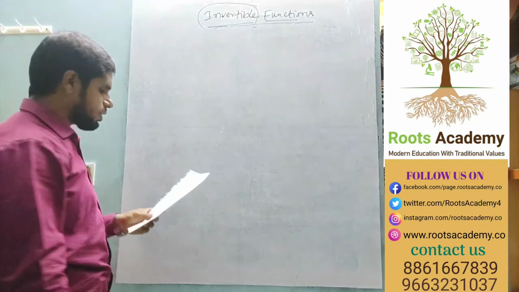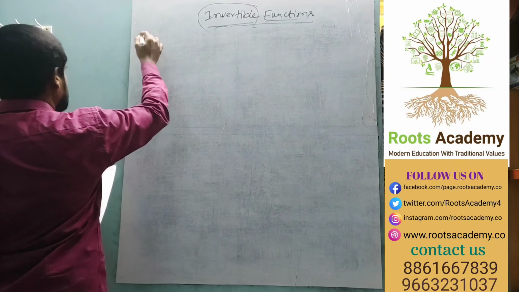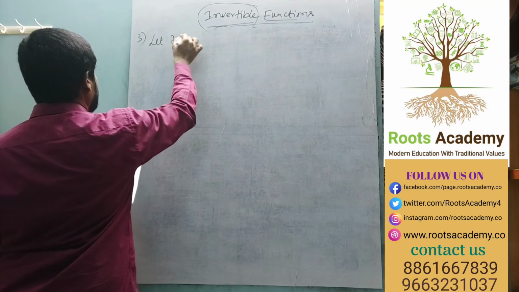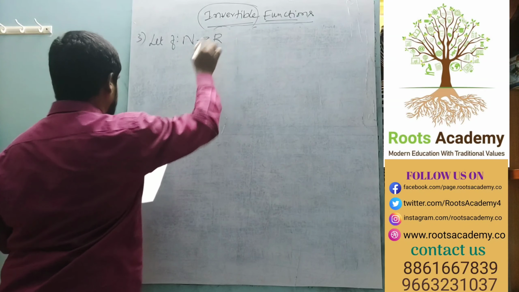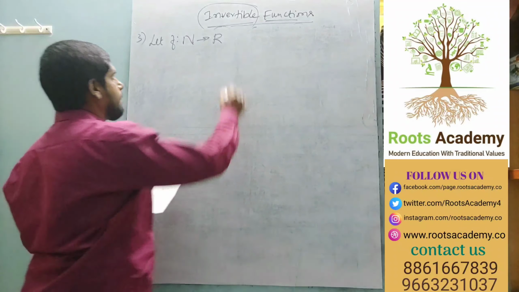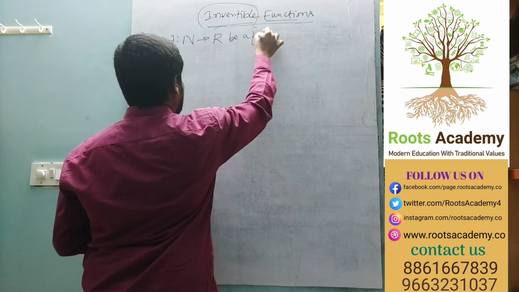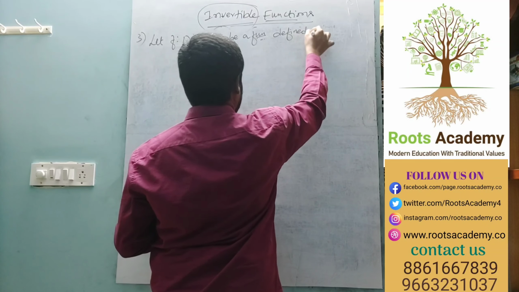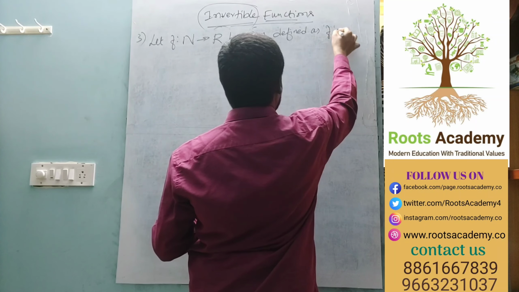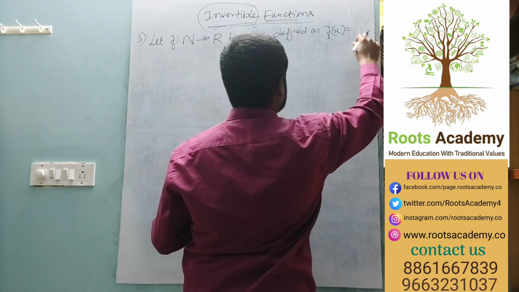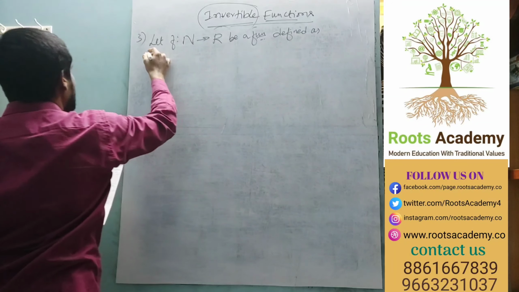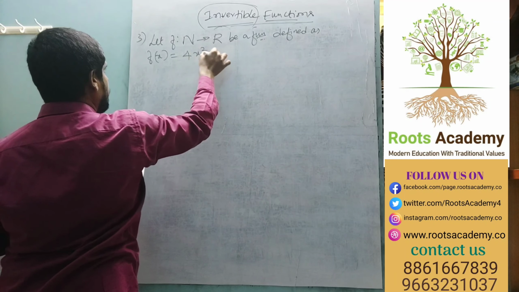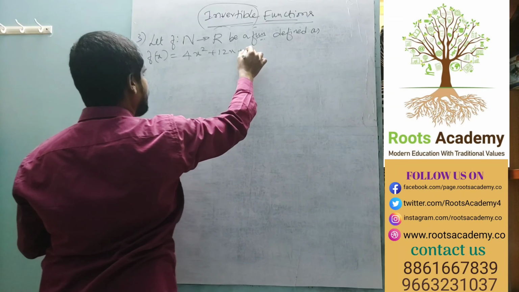Okay students, let us go to the next problem. Problem number 3. Let f from N to R be a function defined as f of x is equal to 4x square plus 12x plus 15.